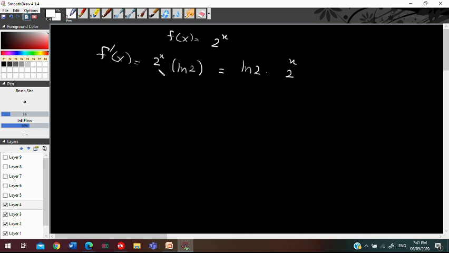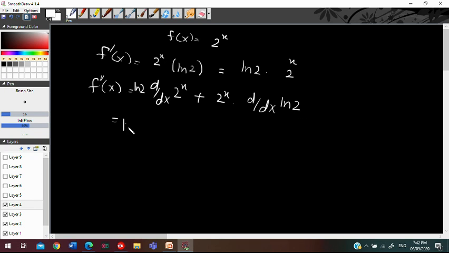Okay, now again the second derivative. Now here we have two functions. So the first function is log of 2, which remains the same, d by dx of 2 power x, then plus 2 power x remains the same, d by dx of log of 2.